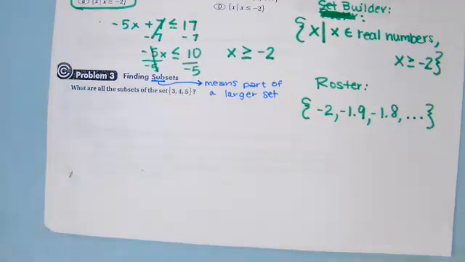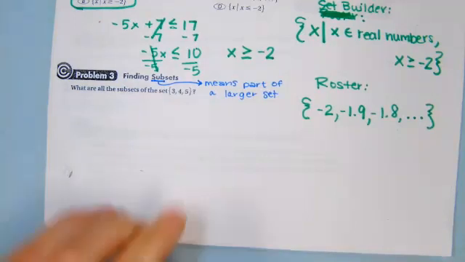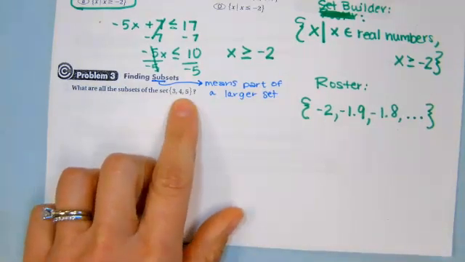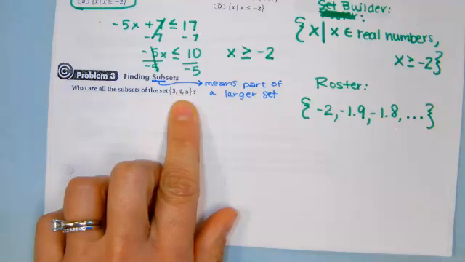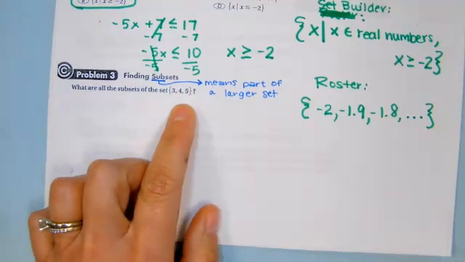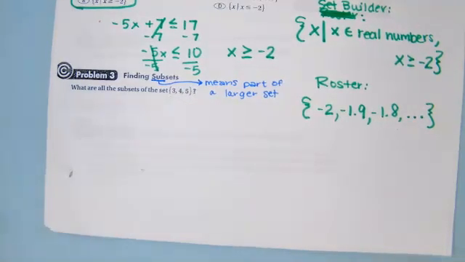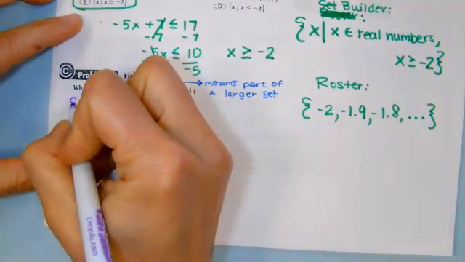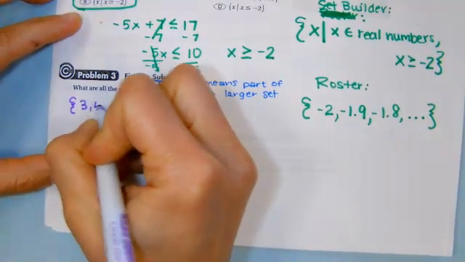Now, one thing is that order doesn't matter, okay? So 3, 4, 5 is the same as listing it in the order 5, 4, 3, or something like that. Our subsets of this set, first of all, might be the actual set itself. So our first subset might be 3, 4, and 5.